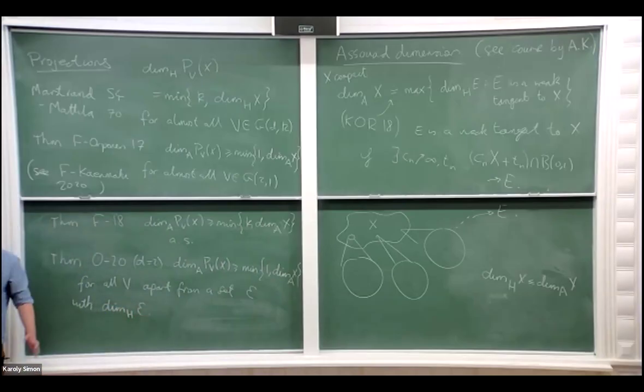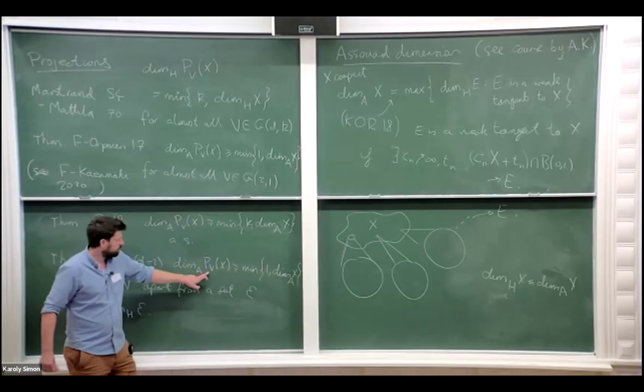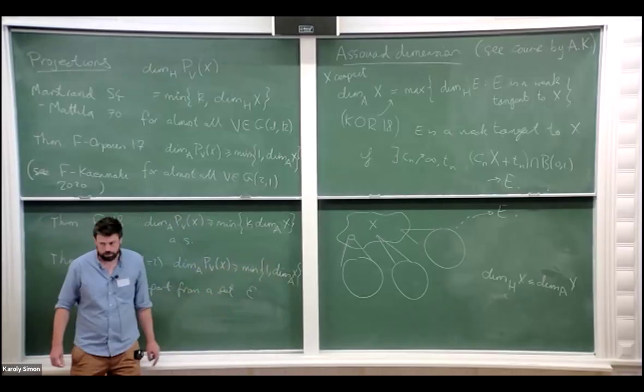Right, so you can't prove this by using the known exceptional set results for Hausdorff dimension because it's not true for Hausdorff dimension. So this is going deeper and using something specific about Assouad dimension. So in fact, it's extremely generic that the Assouad dimension of a projection is at least this number, because the collection of V for which this fails has Hausdorff dimension 0.